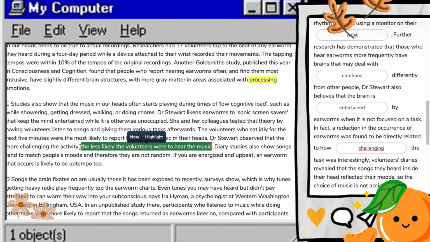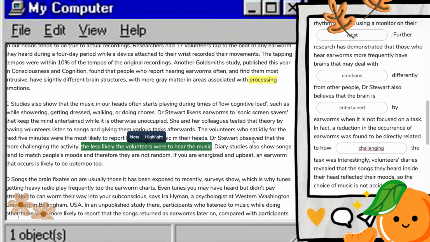And we have to read the whole sentence to find the last information.